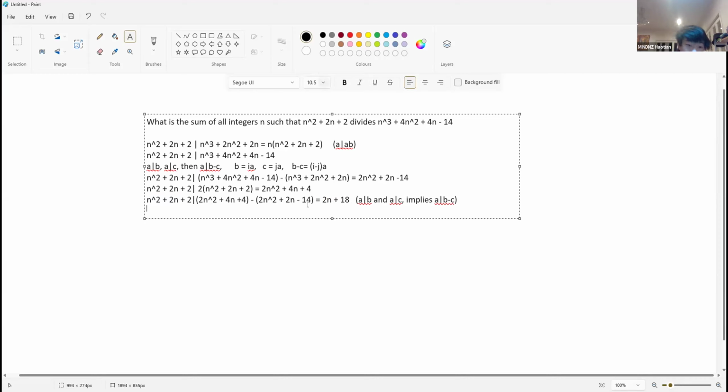This is another property, right? If a divides b, then b is bigger than or equal to a, or b is equal to 0. This is the only edge case, because a divides b implies b is equal to an integer times a.